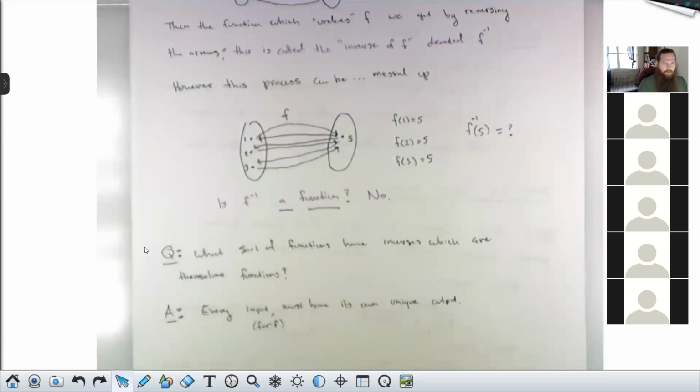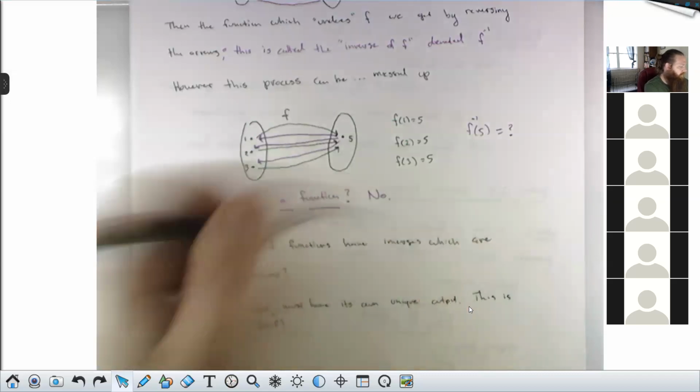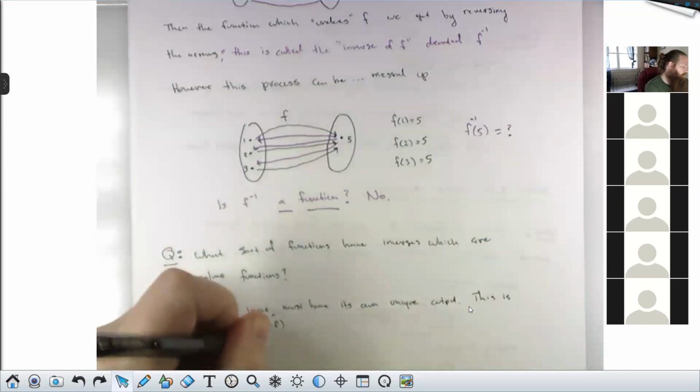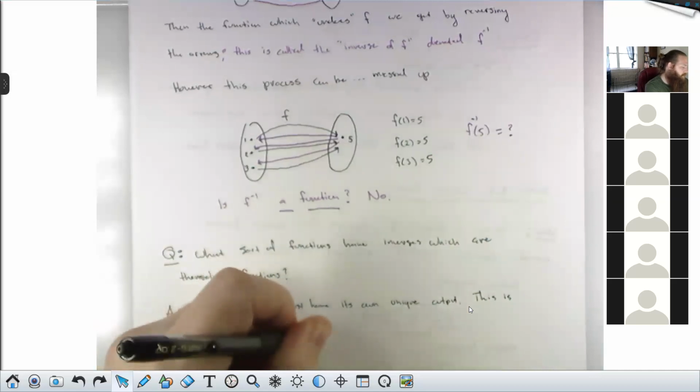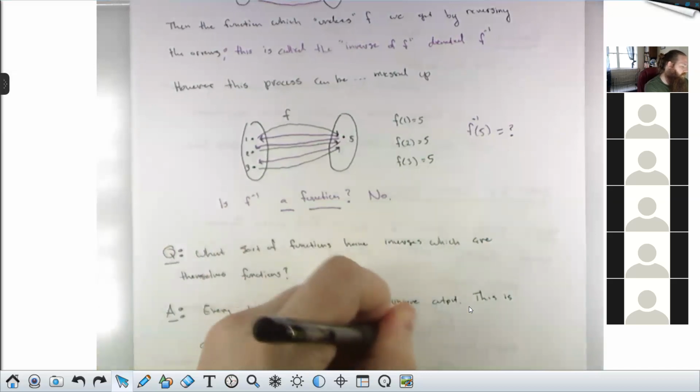So the necessary condition for a function to have an inverse relation, which is also itself a function, is that the original function be 1-to-1, in the sense that every input for the original has its own unique output. And this is called being a 1-to-1 function.